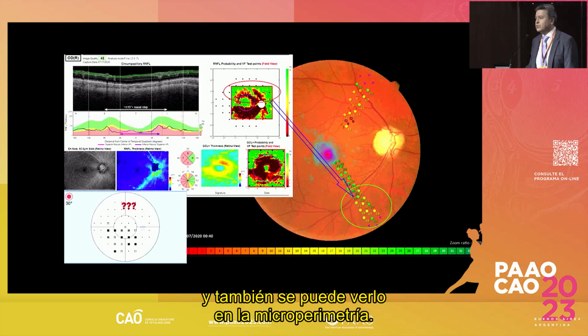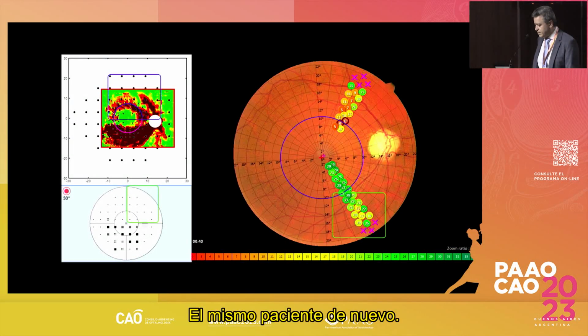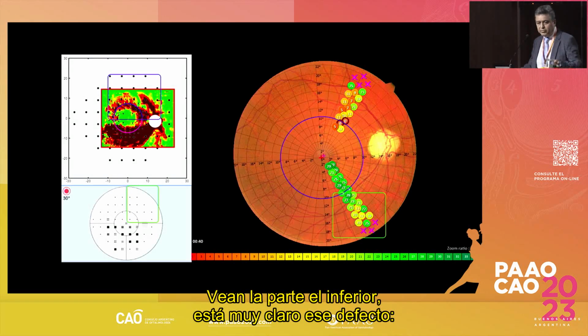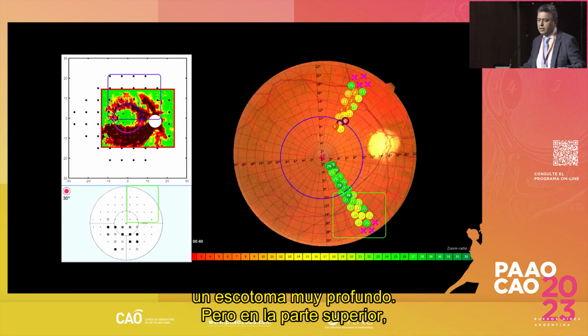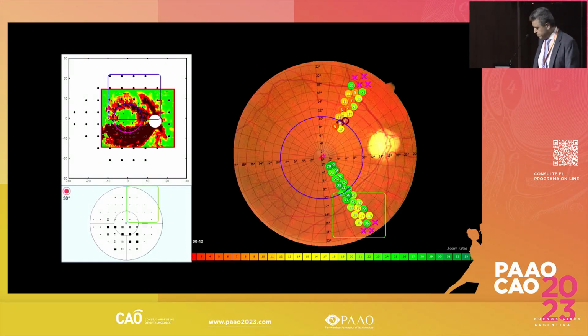You can see it also on the microperimetry. Again, the same patient: for the inferior one, it's very clear that we have a very deep scotoma, but at the upper one, you can see damage that we're not able to see in the 24-2.